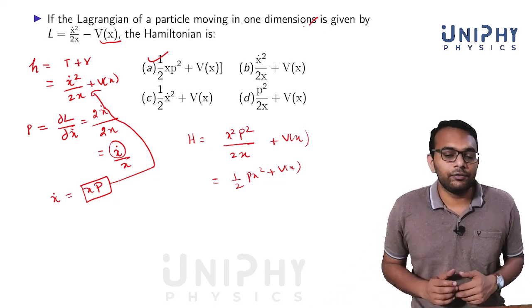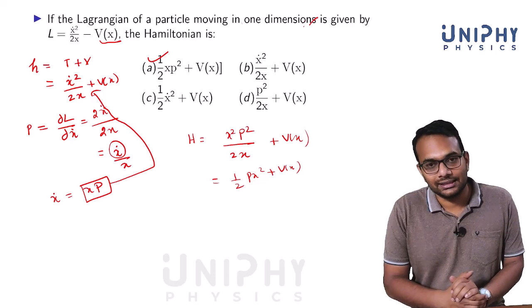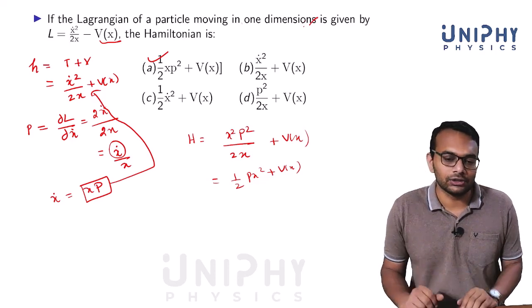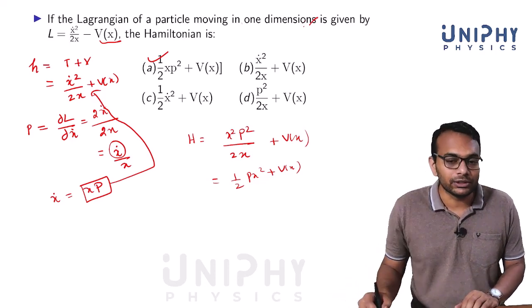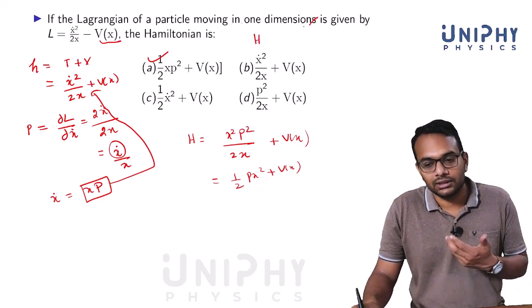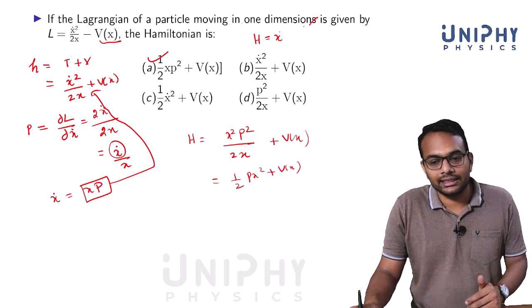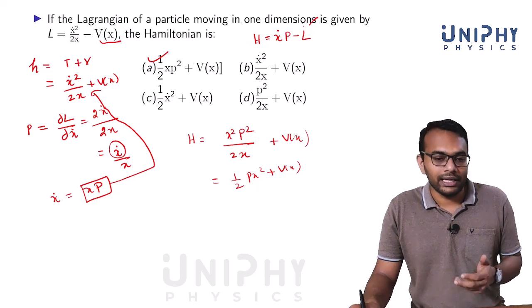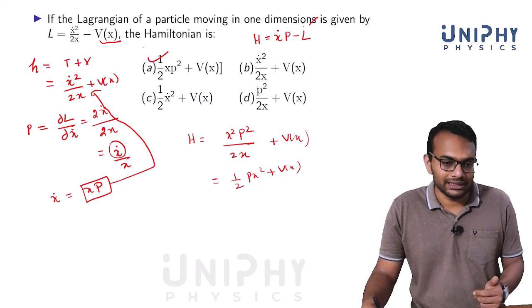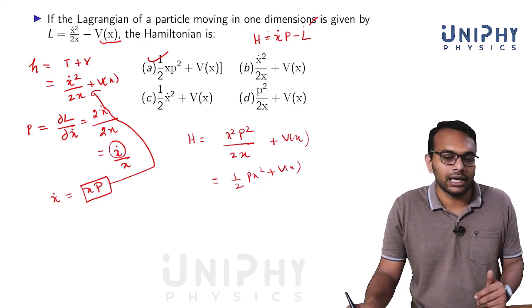Now, this is the quickest way of solving these kinds of problems. If you have a doubt as to whether H equal to T plus V is valid, always go for the traditional method, the method which works everywhere. We can write H is equal to x dot p minus L. You find p from this Lagrangian and get rid of all the x dot in the final expression and you will have the Hamiltonian.